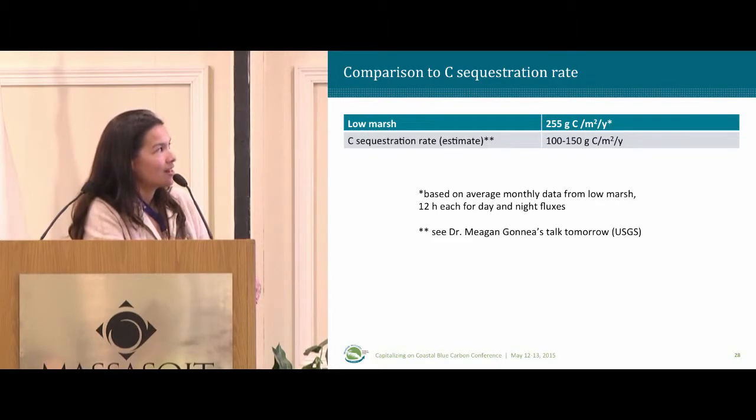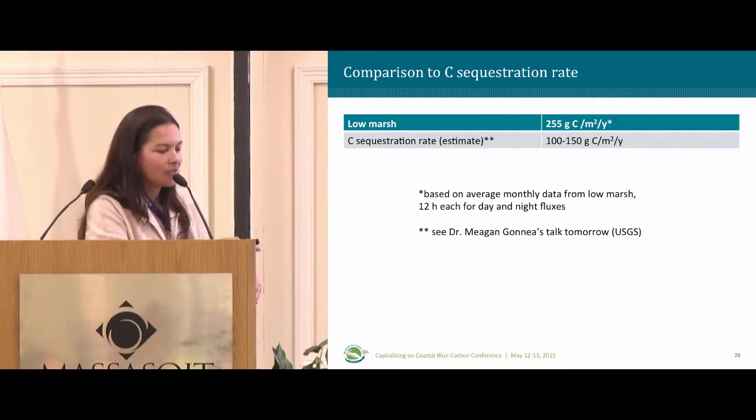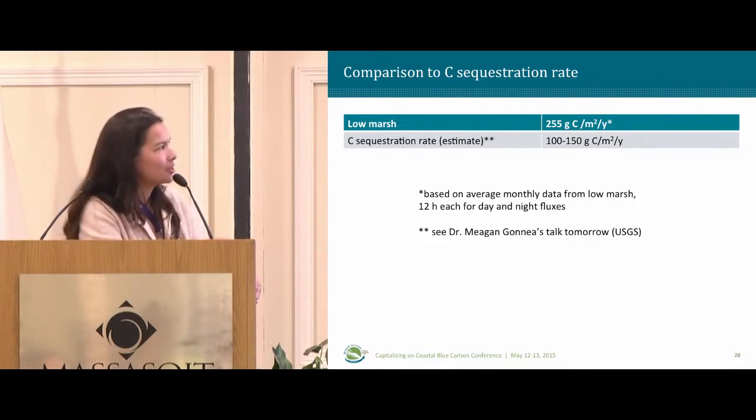So my data are based on instantaneous measurements extrapolated to a year. And this number will be presented by Dr. Ganea tomorrow morning, which is based on longer term dating. But they're in the same order of magnitude, and probably the difference is certainly influenced by some of the lateral fluxes that are going on, if not other properties as well.